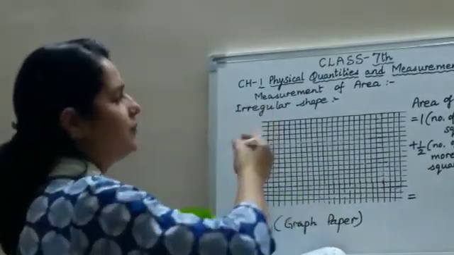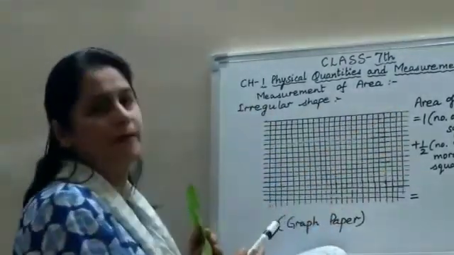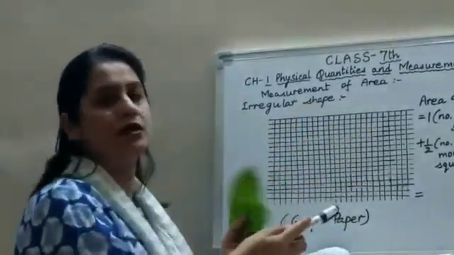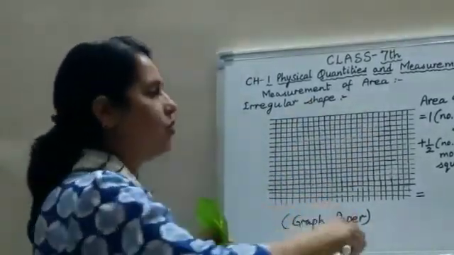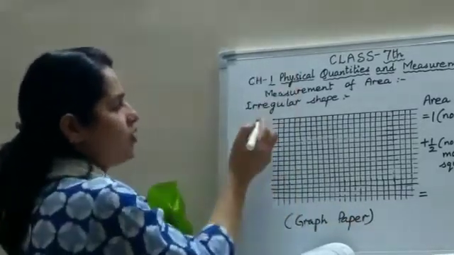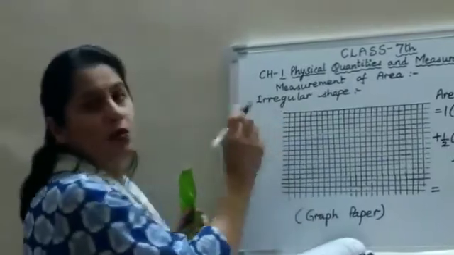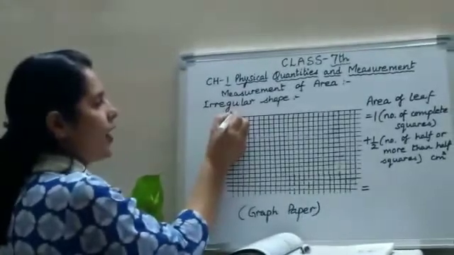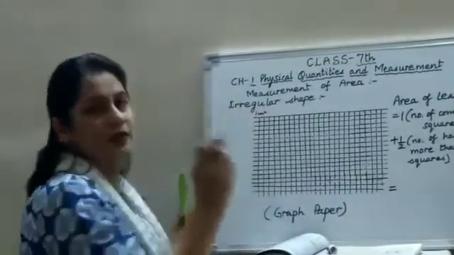For this, you will be needing a graph paper. Children, you will take out a graph paper sheet. Now you know each square of graph paper is of length and breadth 1 centimeter. So the area of each square is 1 square centimeter.